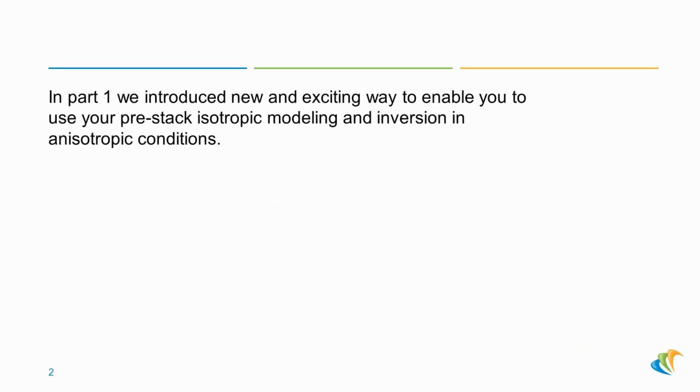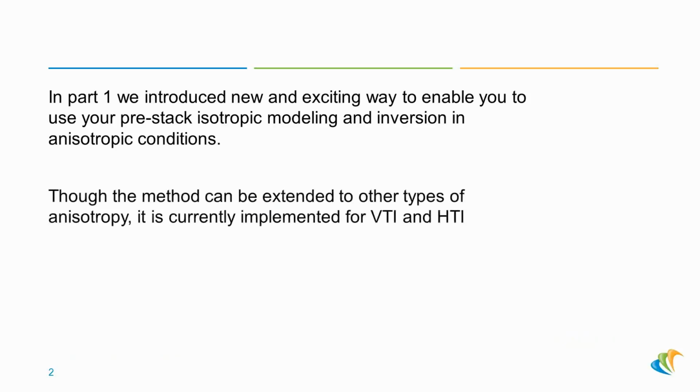In the first part, we introduced a new and exciting way to enable you to use pre-stack isotropic modeling and inversion in anisotropic conditions. Though the method can be extended to other types of anisotropy, typically types of anisotropy where you can write your reflectivity equations in intercept, gradient, and curvature.